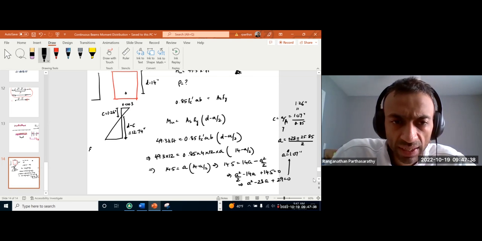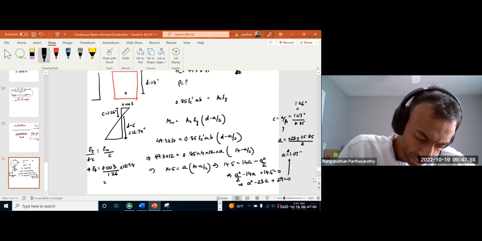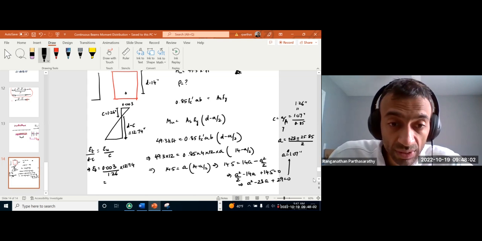So what is our strain in the steel? Strain in the steel divided by d minus c equals strain in the concrete by c, right? So our strain in the steel is 0.003 by 1.26 times 12.74, which is 0.03.